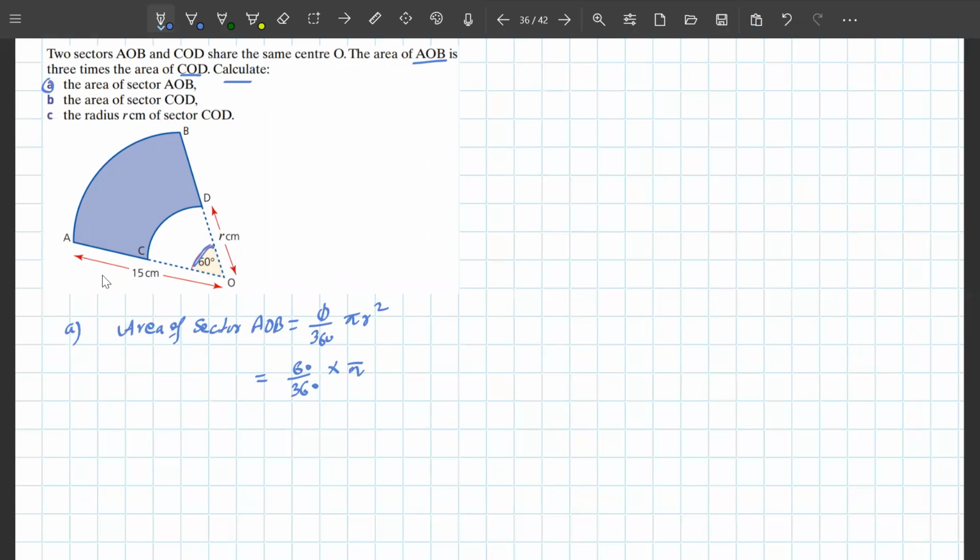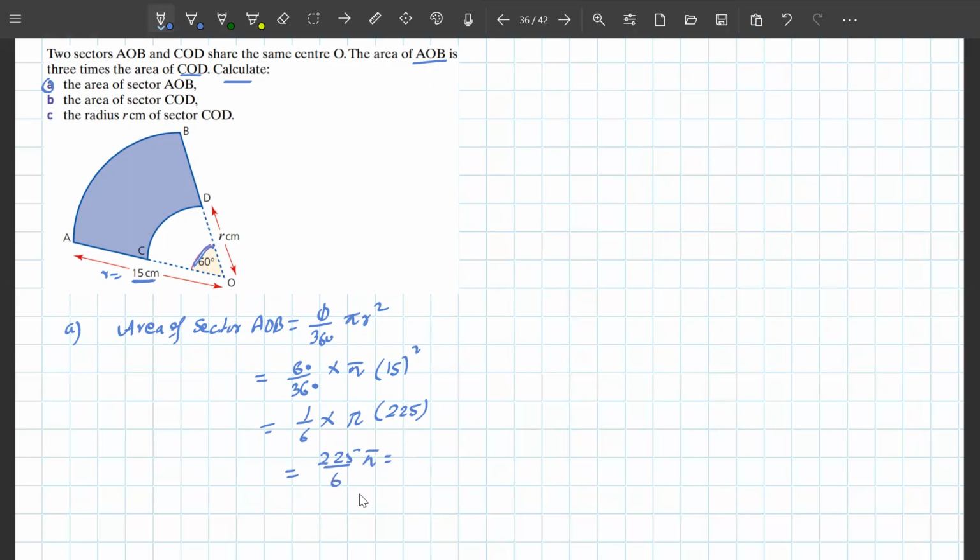If you see carefully, R is 15 for the whole shape, so for sector AOB the radius is 15. So 15 squared. 60 over 360 gives us 1 over 6, and this pi. 15 squared gives us 225. So this is 225 over 6 pi.